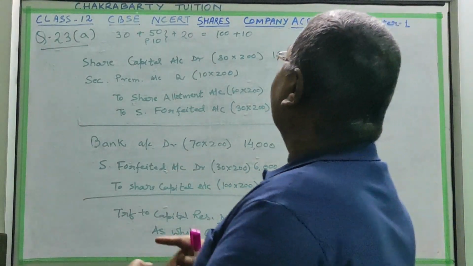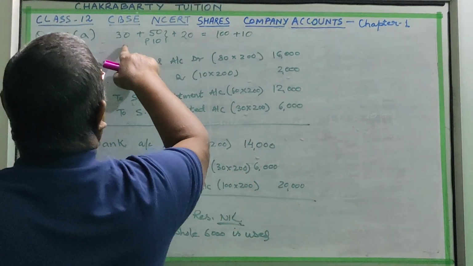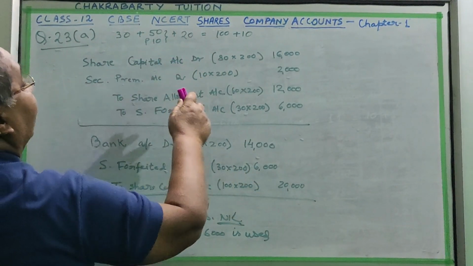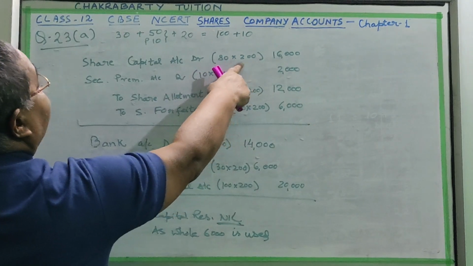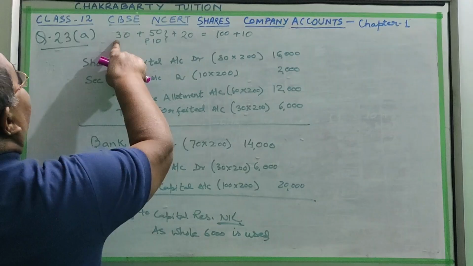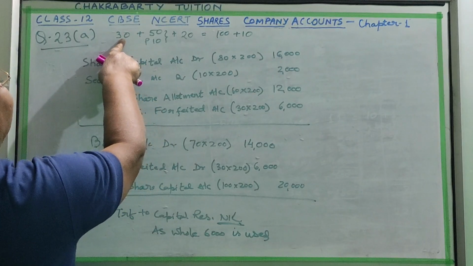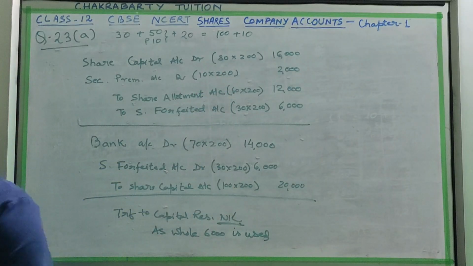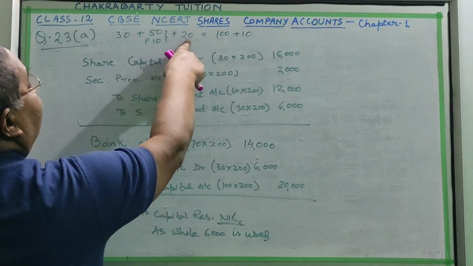Okay. So how we will start? Here the 30 rupees they have paid, 60 they have not paid. Now for forfeiting 200 shares, we will see how much calls have been made. So for the capital, 30 rupees and 50 rupees, 80 rupees capital calls have been made. It means 20 rupees not made out of 100.